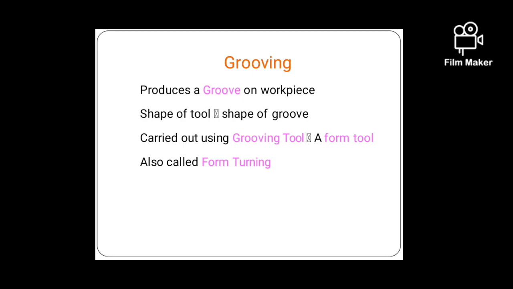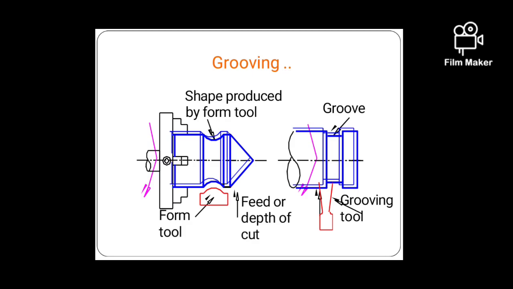Grooving is used to produce a groove on the workpiece. The shape of the tool is the groove shape. It is carried out using a groove tool, also called form turning. This graphical diagram shows the process of grooving. The grooving tool is placed in between the workpiece.